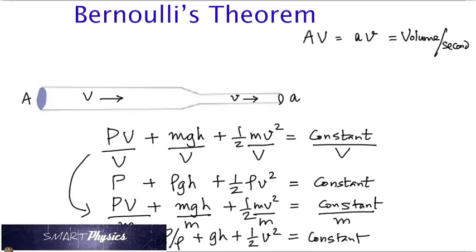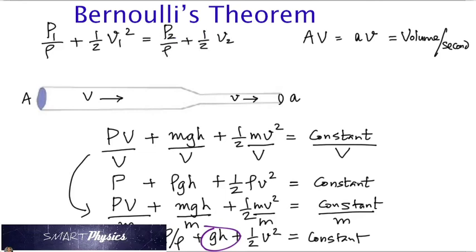And if it's a horizontal pipe, then you don't even have to worry about one quantity. Which one? gh. gh will be the same on both sides, so don't even worry about that. That makes the formula even easier. Now, all you've got to remember is P1 by rho plus 1/2 V1 squared is equal to P2 by rho plus 1/2 V2 squared.